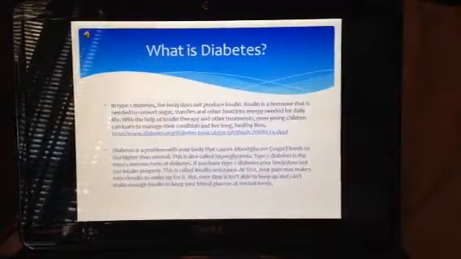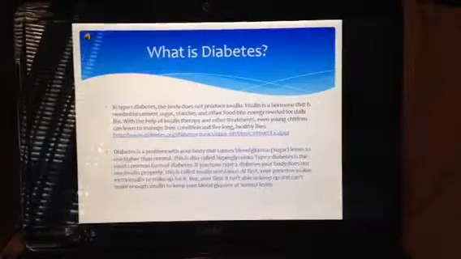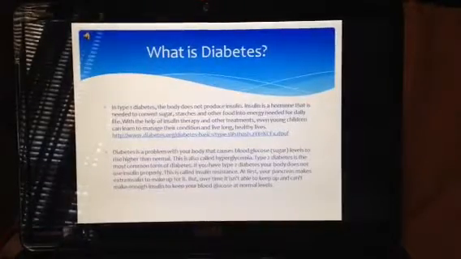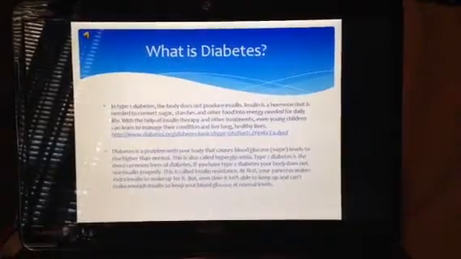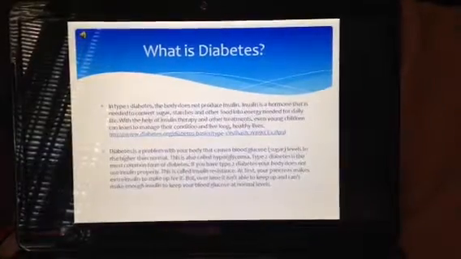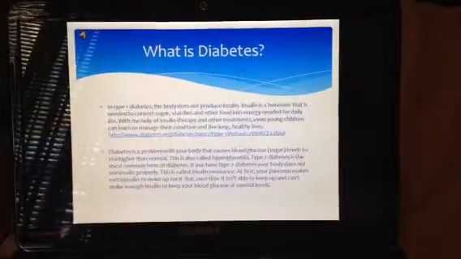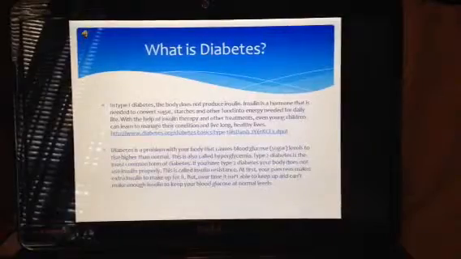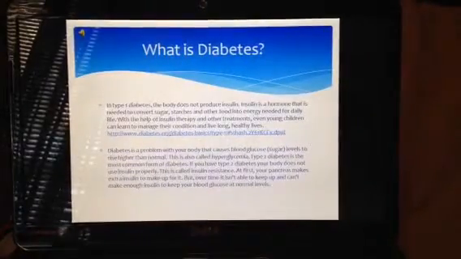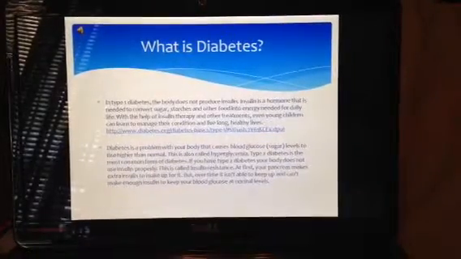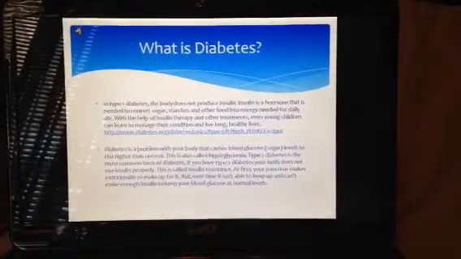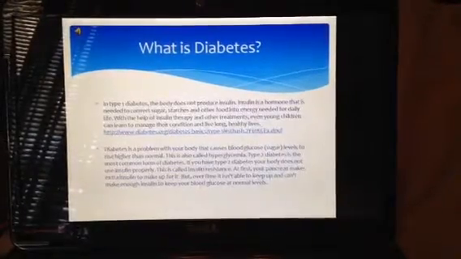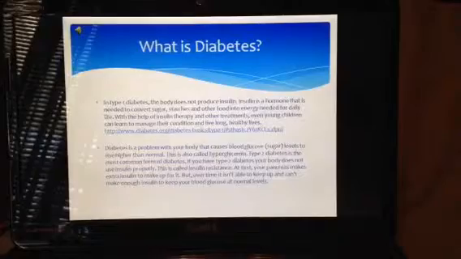Then, I will ask for another volunteer, and they will read the second bullet, which states, diabetes is a problem with your body that causes blood glucose sugar levels to rise higher than normal. This is also called hypoglycemia. Type 2 diabetes is the most common form of diabetes.